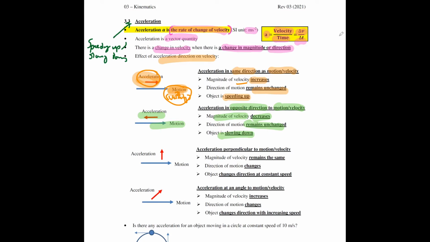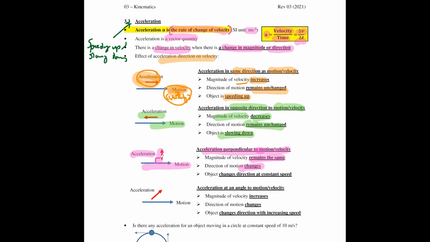But what happens if your acceleration is perpendicular to your motion or velocity? Meaning to say something like this. Now, when your acceleration is perpendicular to motion or velocity, the magnitude of your velocity remains the same. However, your direction of motion will start to change. What we mean by that is this.